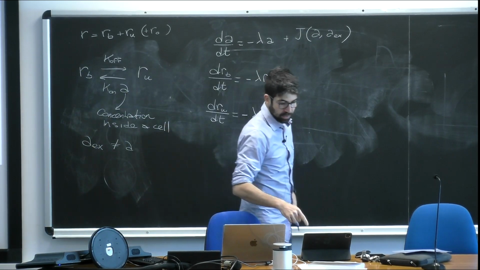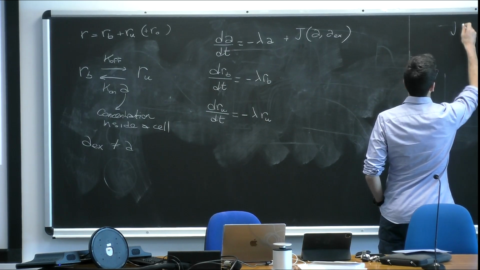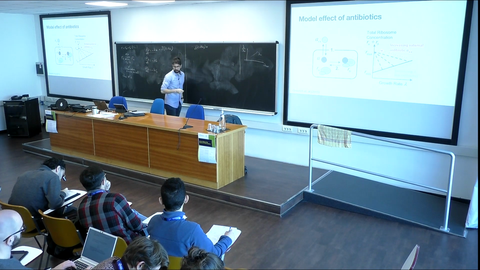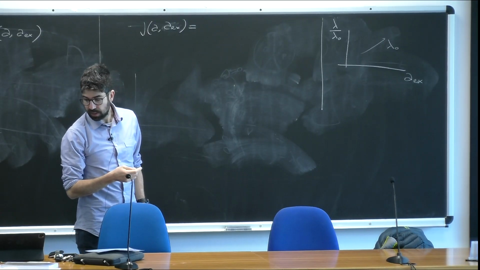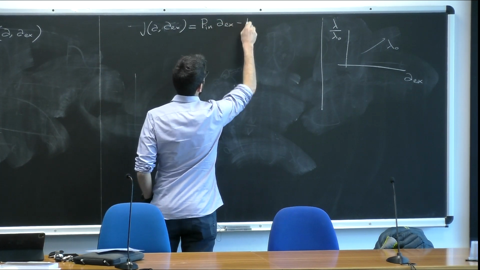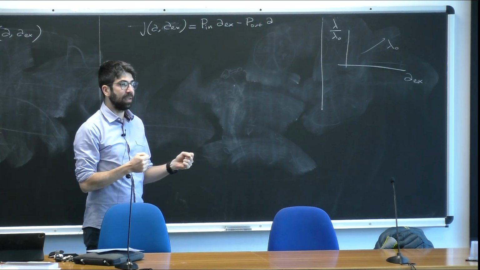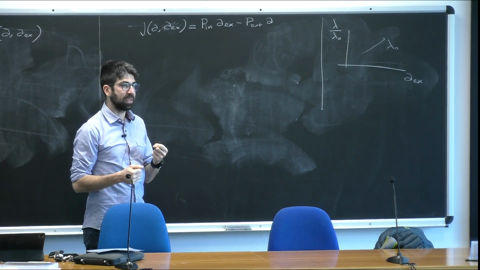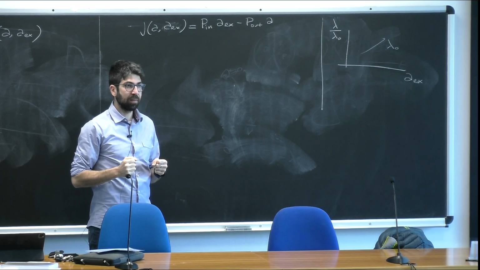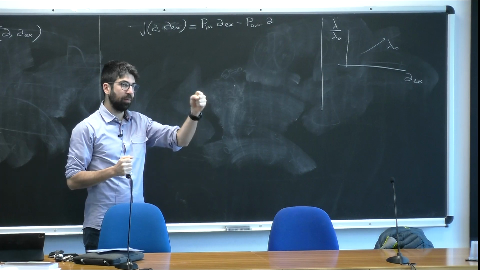For instance, this J_X is equal to some rate P_in A_X minus P_out A. The amount of concentration inside a cell increases because with some rate you import something from outside, proportional to the concentration outside, and with some rate you take something inside and put it outside.